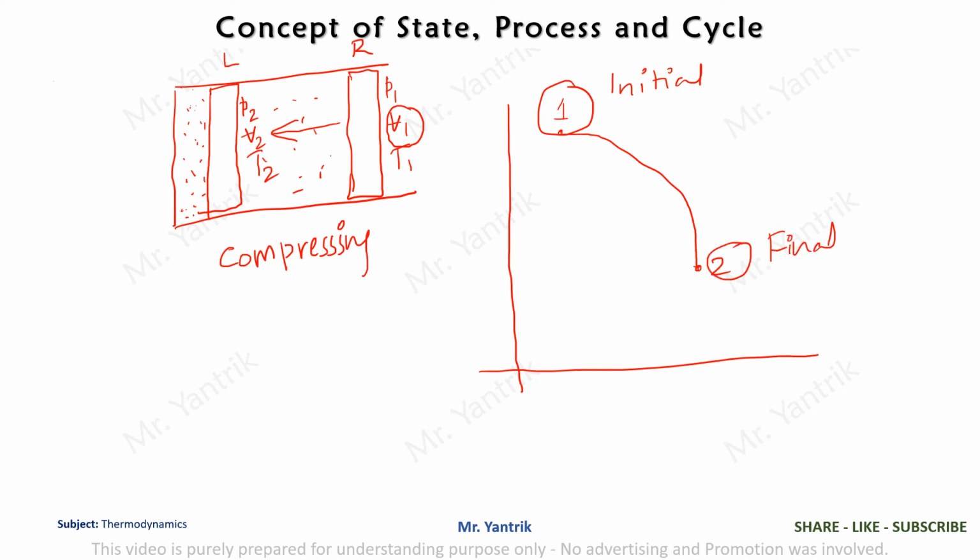For example, from initial state to final state, if the fluid is compressed, indirectly the pressure will be changed, temperature will be changed: P1, T1, V1, P2, V2 and T2.